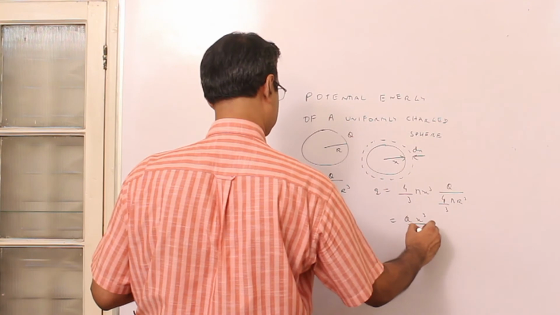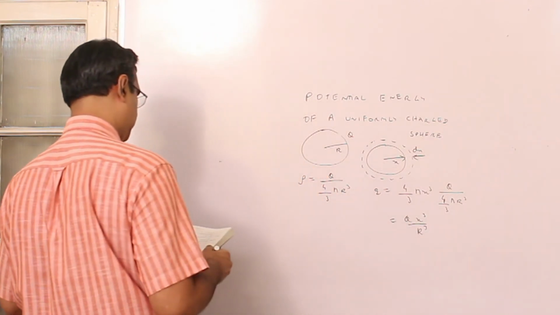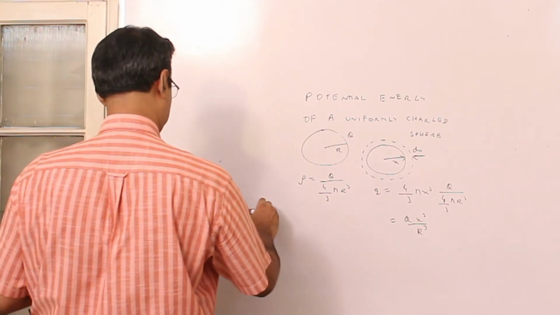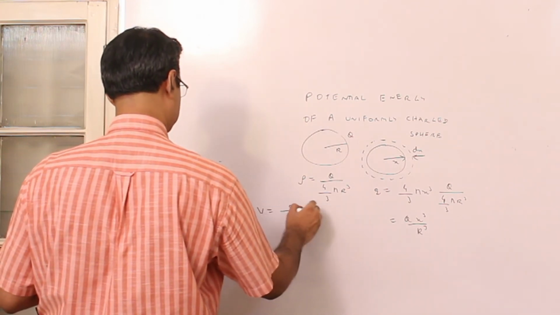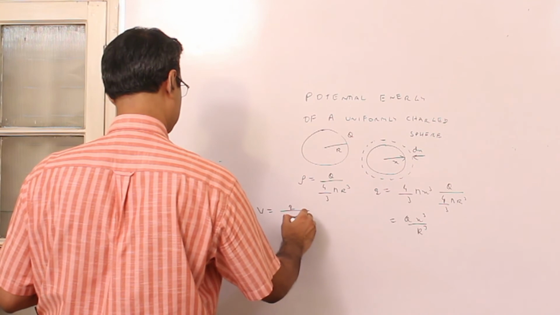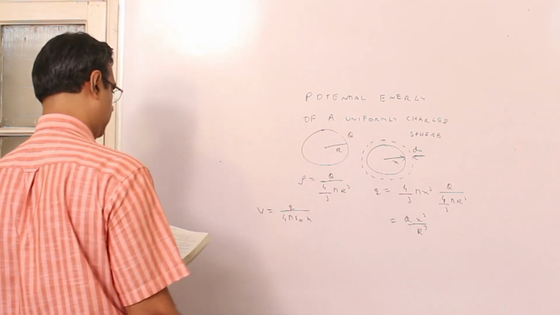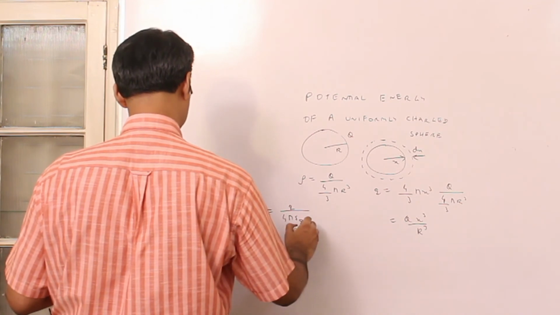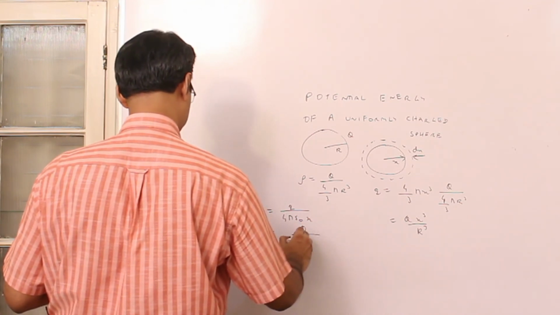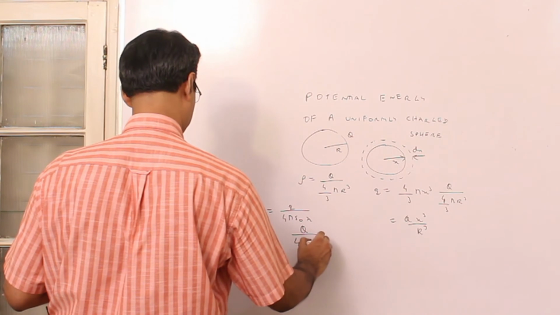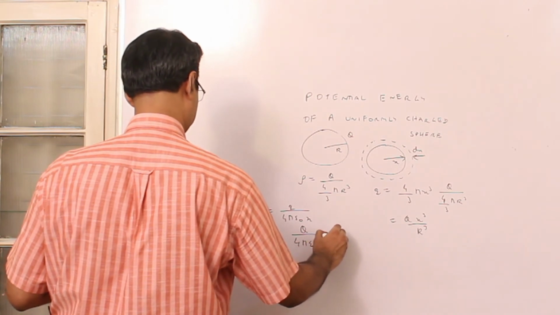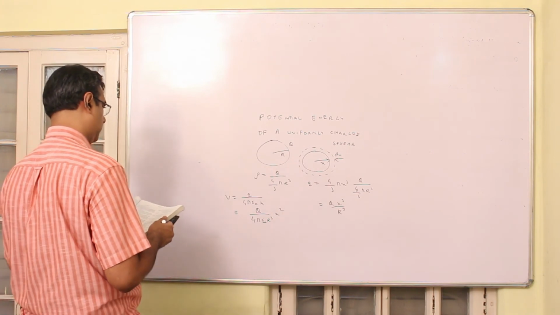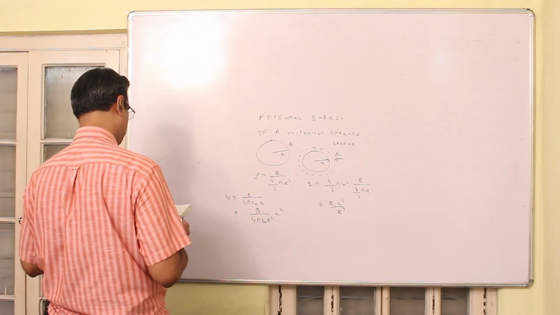So that comes q into x cube by r cube. So this is the enclosed charge, and the potential at the surface will be q by 4 pi epsilon naught x. So if you apply this the value of small q, you will get q by 4 pi epsilon naught r cube into x square.